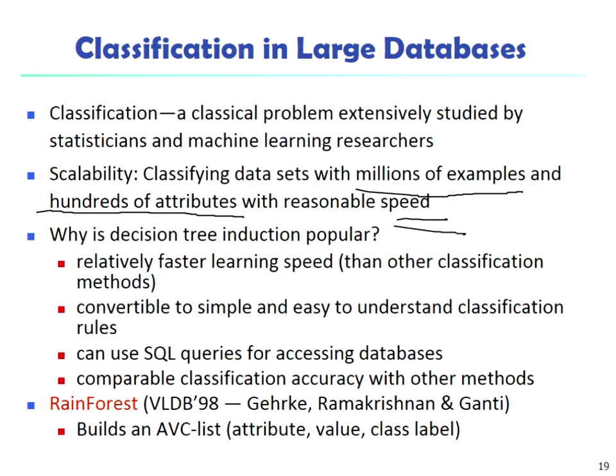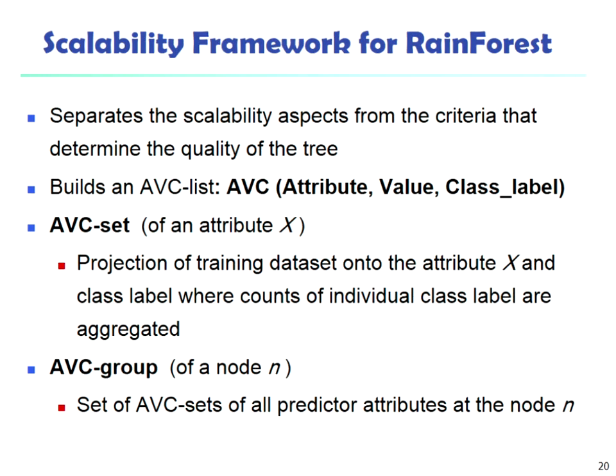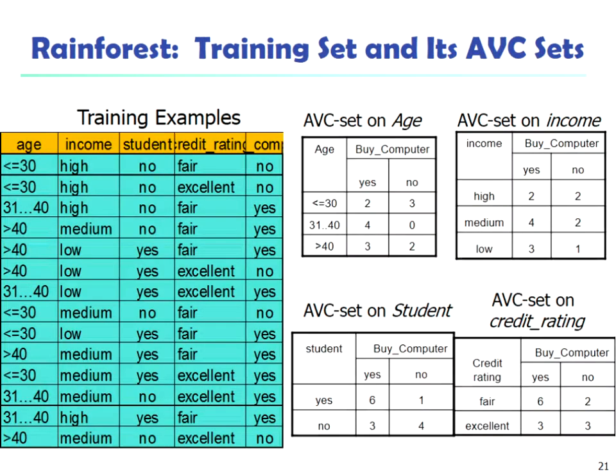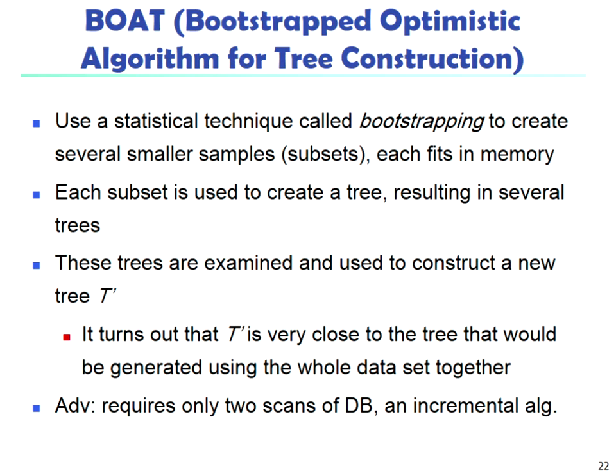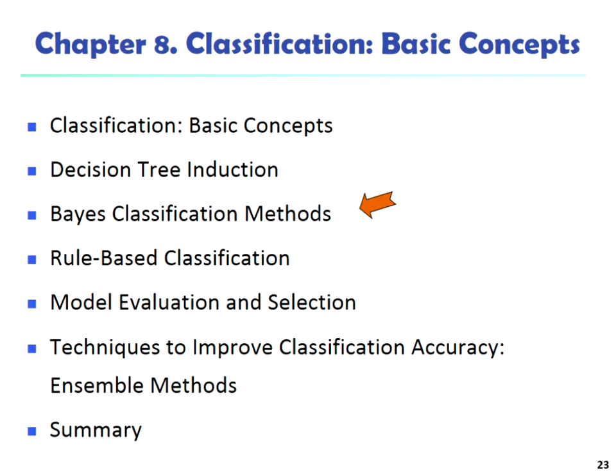This is the meaning of scalability. After that, in the scalability framework, we can use the RainForest with AVC sets, and we can use the BOAT (bootstrapped optimistic algorithm for tree construction). Okay, let's move now to Bayes classification methods.